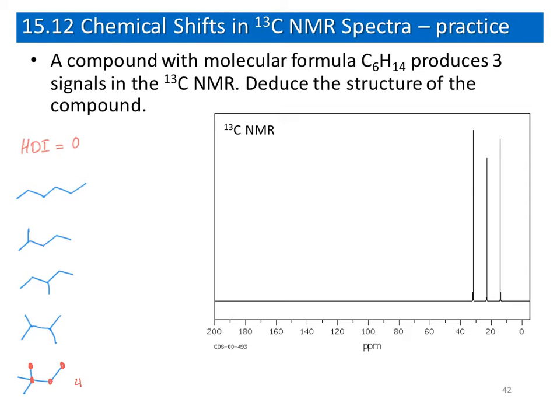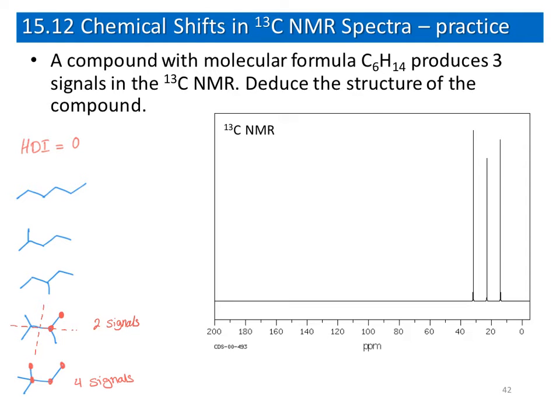So overall 4 signals here. Now in this structure we have 2 planes of symmetry, one right here and one right here, and that causes us to see a signal for this carbon and this carbon. So 2 signals here.